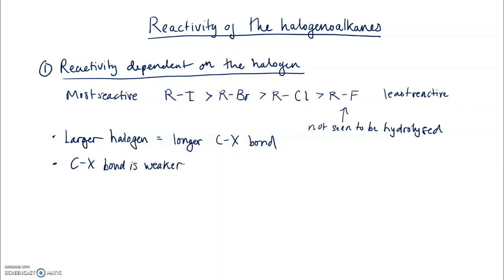As the CX bond is weaker, well, given that this bond is something that has to break during the process of nucleophilic substitution on a halogenoalkane, this therefore makes the reaction occur quicker.